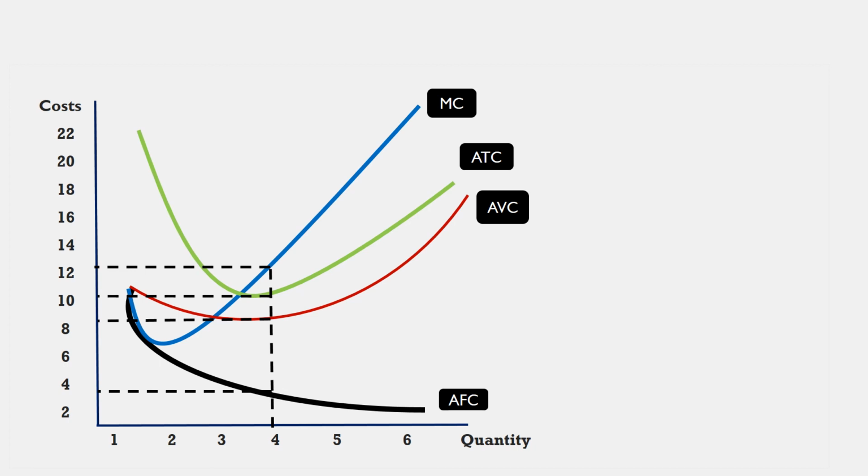But apart from per unit cost, this graph can also depict the total cost. So how do you calculate the total cost of the fourth unit? From the fourth unit you go up to average total cost, and it's 10. So 4 times 10 is 40. 40 is your total cost. But if you want to know how much is variable cost and how much is fixed cost, again you go up from the fourth quantity to AVC, it's 8. 4 times 8 is 32.